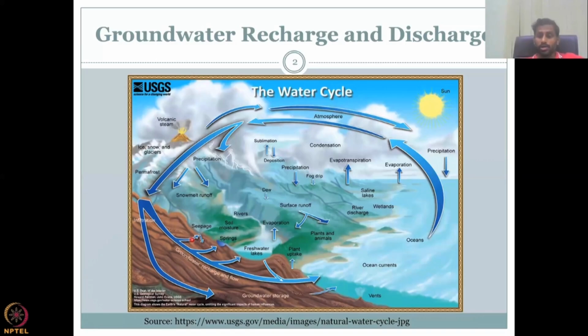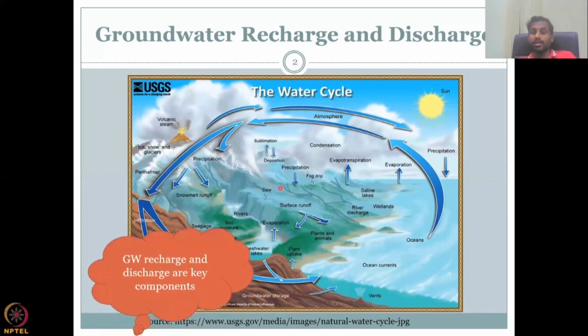But more importantly, on this water cycle that we used to see with a lot of these hydrological components, groundwater is a key component without which most of these cycles would not complete themselves, or would be more flashy, as in quicker. So that is why I'm again saying that groundwater recharge and discharge are key components in the hydrological cycle.